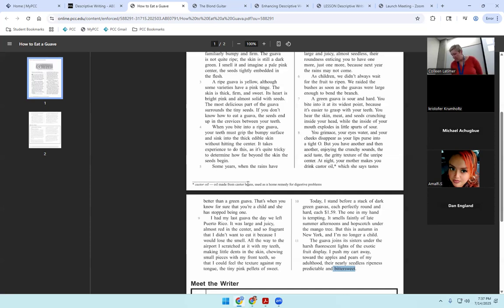And why does Santiago as an adult prefer the predictable and bittersweet ripeness of apple and pears? What does that mean when she says prefer the bittersweet ripeness, predictable? What's predictable about those, about apples and pears for Santiago?